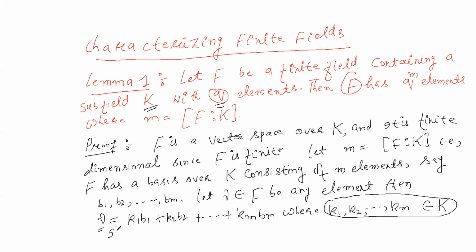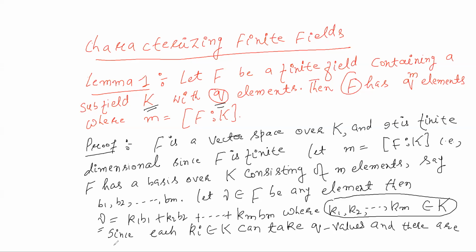Since each ki belonging to K can take q values, and there are m such ki, v has q raised to power m choices.